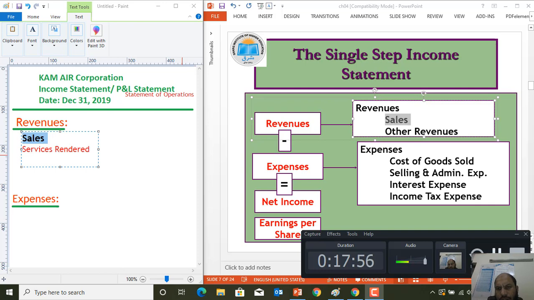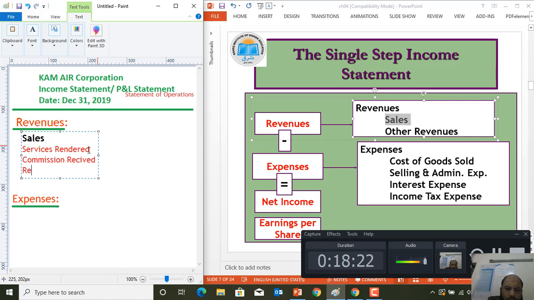Now we will discuss the revenue accounts which are sales, services rendered, like for example commission received, and like for example the rent received, and etc. These all are examples of revenue.